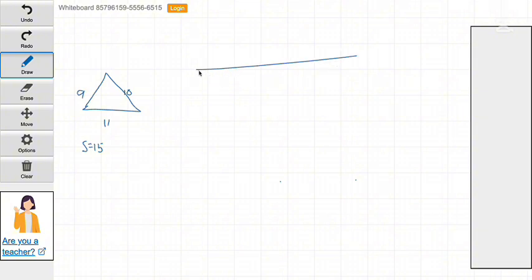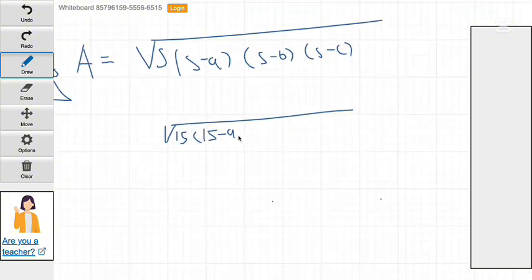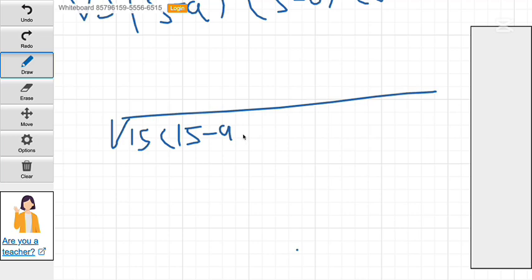So we want area equals the square root of S, so basically S minus A times S minus B times S minus C. So with that logic, we basically just need 15 minus 9, then 15 minus 10, times that by 15 minus 11. Yep, that should be correct.